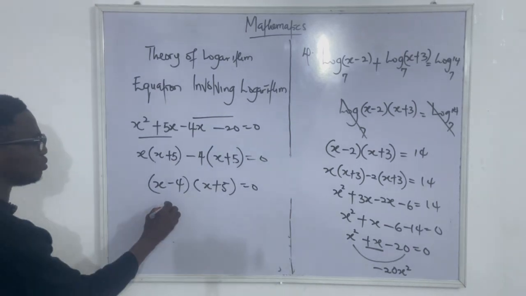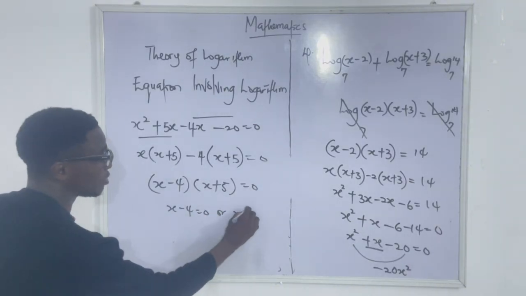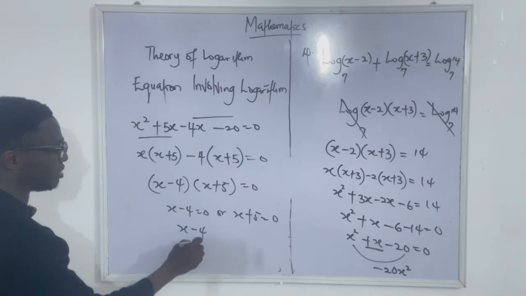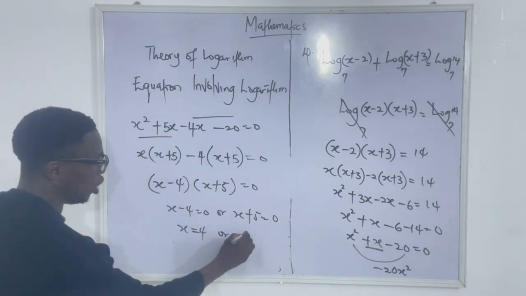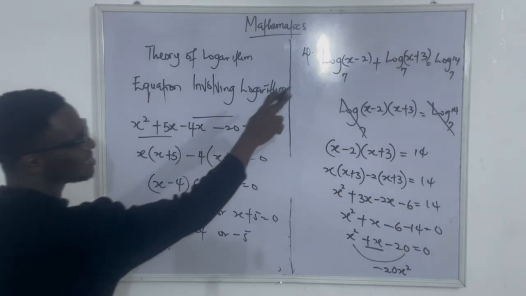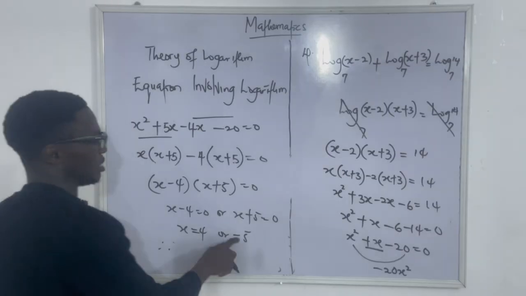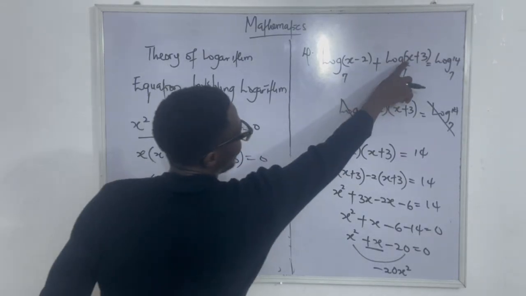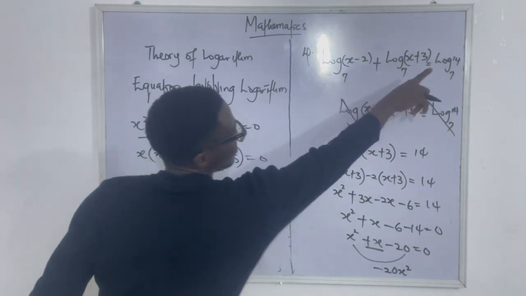So we have x minus 4 equals 0, or x plus 5 equals 0. So x equals 4, or minus 5. So therefore, our answer here: 4 minus 2 is 2, 4 plus 3 is 7, 2 times 7 is 14.